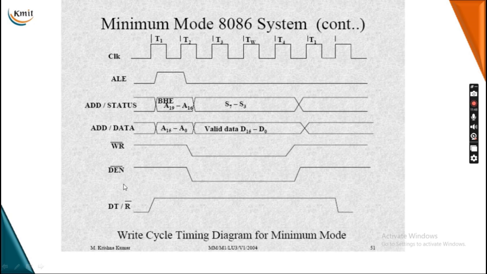The data enable bar should be enabled in order to write or read the data. And data transmit or receive bar, here I need to transmit the data, so it should be 1. So these are the control signals in order to enable the write operation either to memory or to the IO bus.